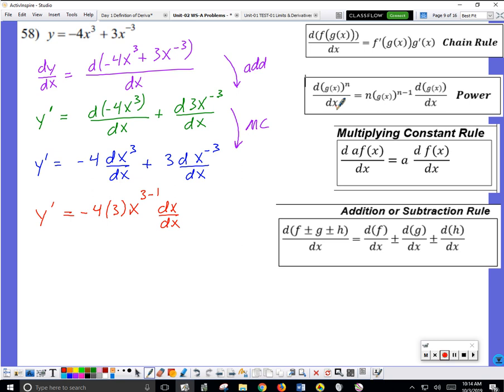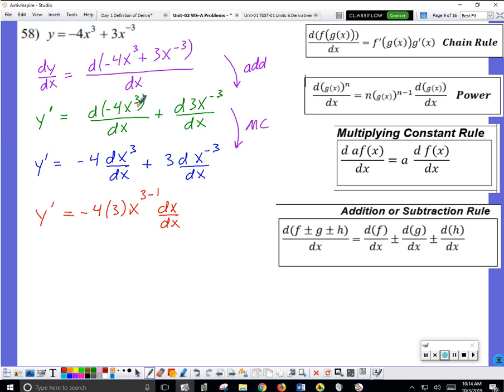Therefore, I could not use the power rule here because I don't have all of this being cubed. Only this portion is being cubed. The power rule would only work if all of it were being cubed.